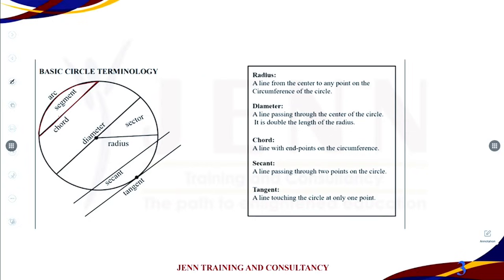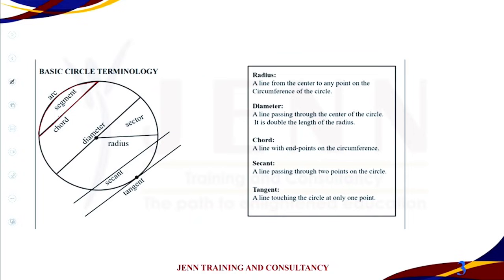And then when it comes to a radius, it is a line that comes from the center of the circle to any point on the circumference. Whenever you are given a radius, it doesn't mean it will only be in one direction.